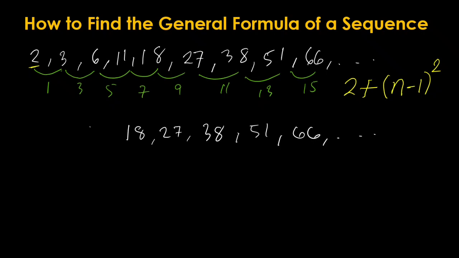We look at the difference of the sequence. Here we have a difference of 9, here we have 11, 13, 15. Now we look at it, it's 9, 11, 13, 15. So it's odd numbers.